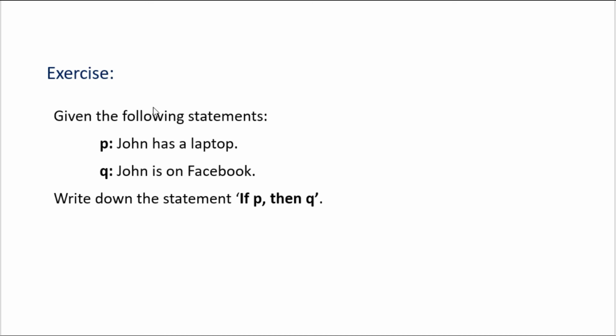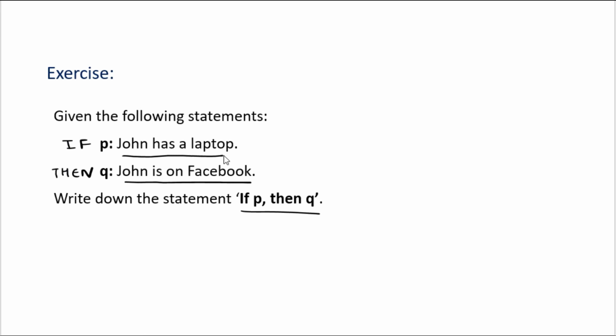So one final example. This time we are given the following statements. P, John has a laptop. Q, John is on Facebook. And we are asked to write down the statement if P, then Q. So it's going to be if P, then Q. So it's going to be if John has a laptop, then John is on Facebook.